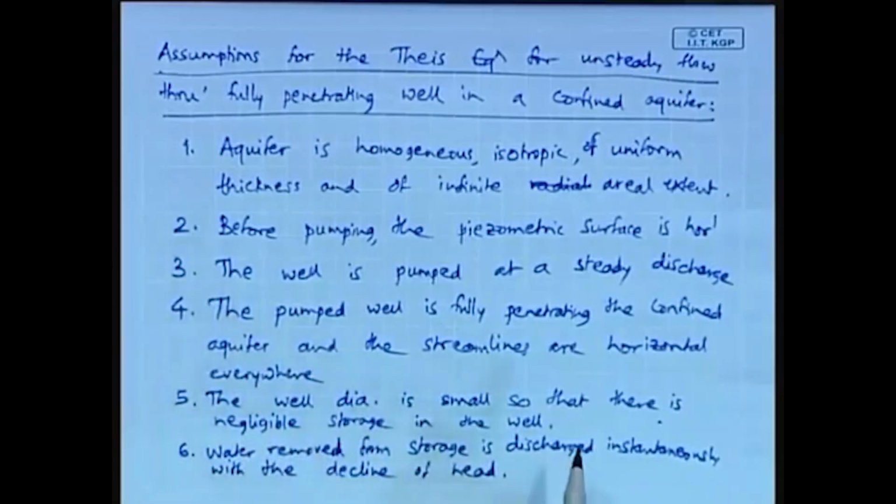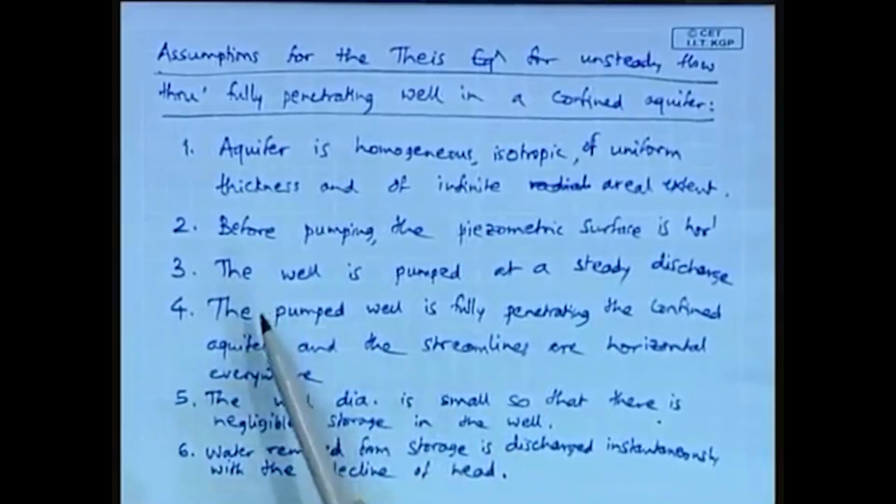So, these are the 6 assumptions on which the Theis equation for unsteady flow is based, and in the next lecture we will discuss the unsteady flow through wells in unconfined aquifers as well as leaky aquifers.